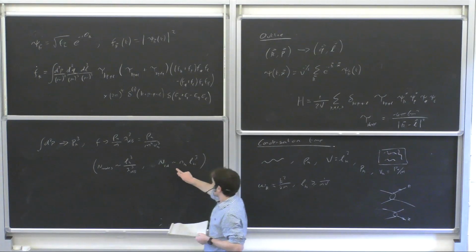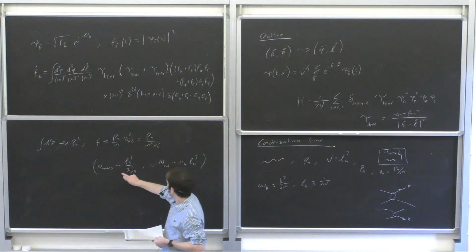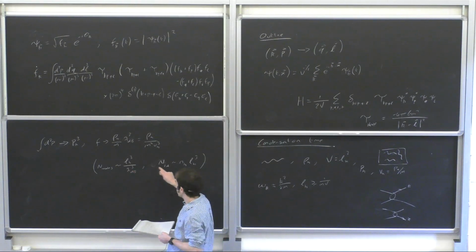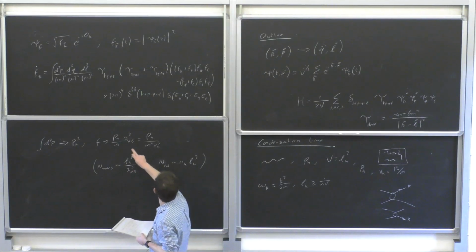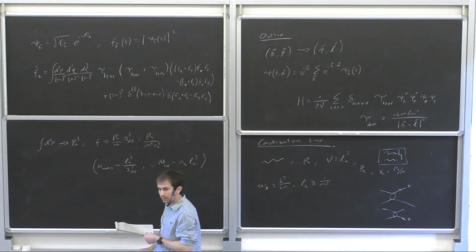So the total number of axions in the halo is given by this expression. The number of modes is given by this expression. So the number of axions per mode is given by that divided by that, which should hopefully be that thing.